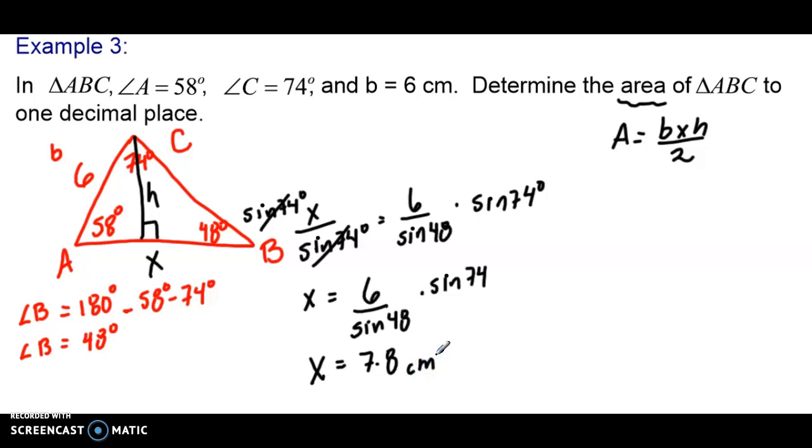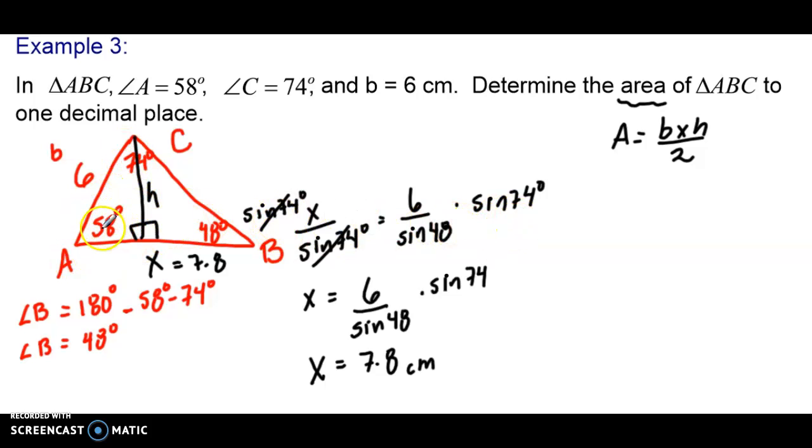So the other thing we need is the height. I'm going to add this in my diagram, 7.8. We need the height of the triangle. So we need to look at the information given. What we're going to focus on now is this right triangle, going back to our SOHCAHTOA.